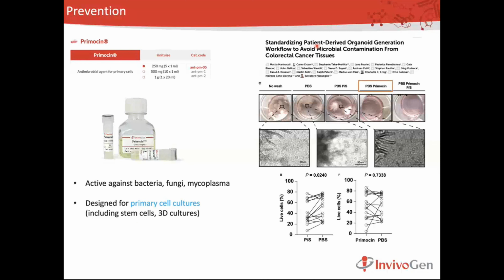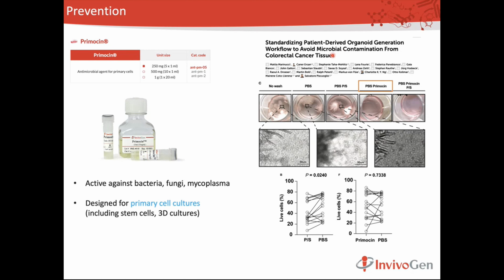So this is an example from a publication. This is patient-derived organoid generation. And here they are comparing the treatments they have in mind after getting the samples, to see how they affect the samples or how well they can protect the samples from contamination.